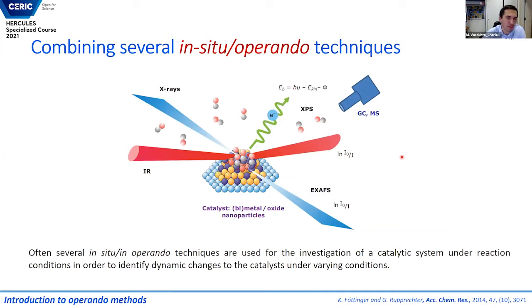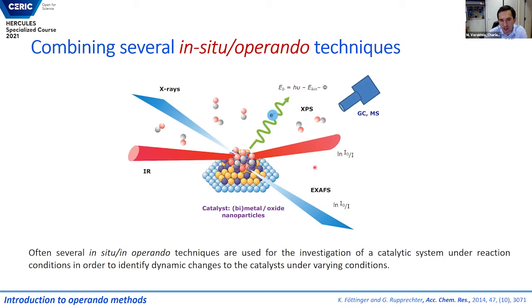Okay, so what is popular, or what is usually done, is that people try to combine many in situ methods when they study, for example, catalysts. You see on this picture that sometimes it is not enough to use only in situ NAP-XPS when you would like to have complete information about the processes which happen with the catalyst, about some intermediate species which appear on the surface.